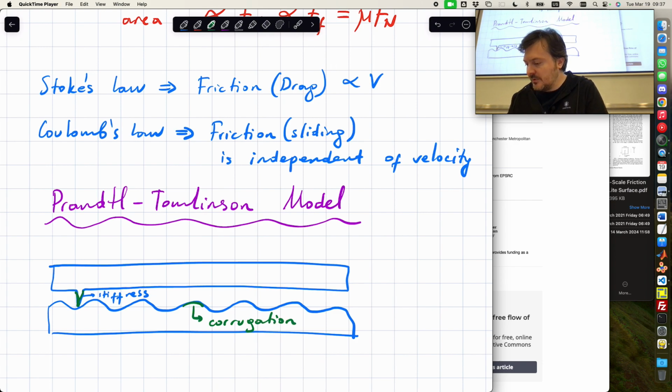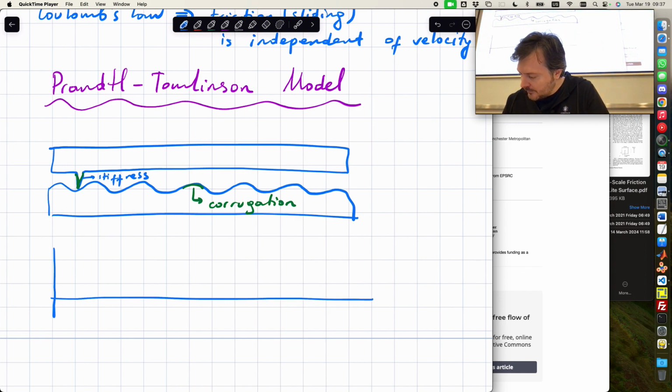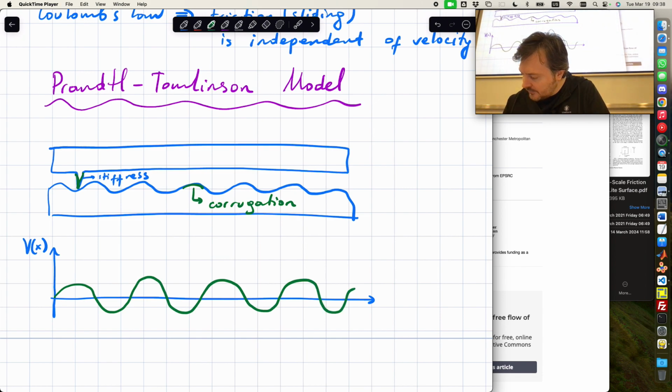In Prandtl Tomlinson model, it's all about stiffness versus corrugation. I will explain it, okay? So let me draw it without any material. So basically you have a potential, a sinusoidal potential.